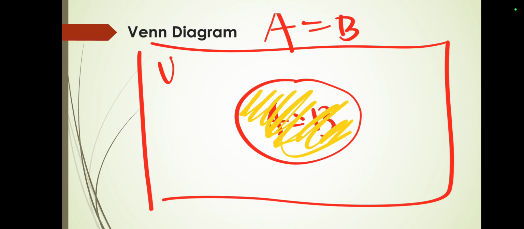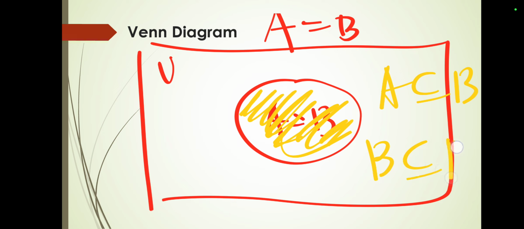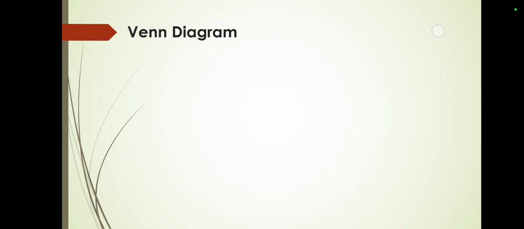So this is how we do the region for A. Set A is equal to set B. That means A is a subset of B or B is a subset of A. Why is A a subset of B? Always remember that a subset can be equal. So even if I say A subset of B or B subset of A, since they are just equal, that is correct.